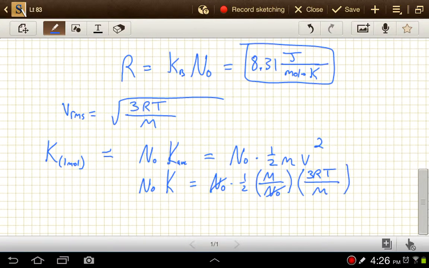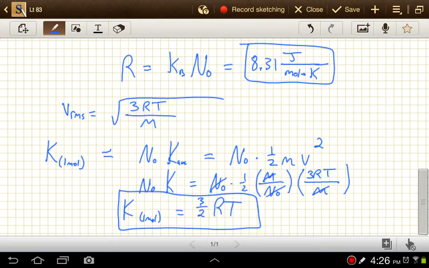Our molar mass then cancels as well. So the kinetic energy of 1 mole, the total kinetic energy, is whatever's left: 3/2 times R, the ideal gas constant, times the absolute temperature. It's the total energy for 1 mole of this gas.